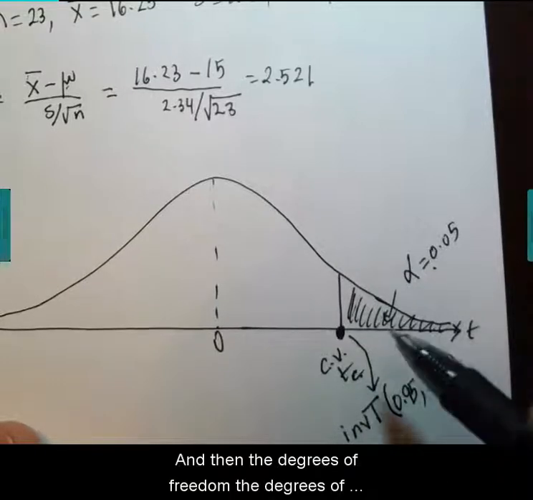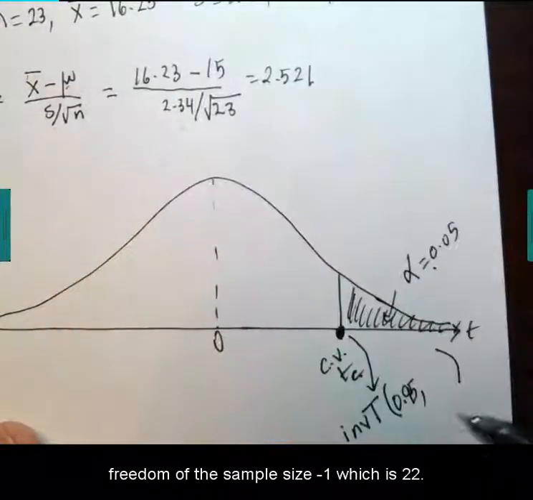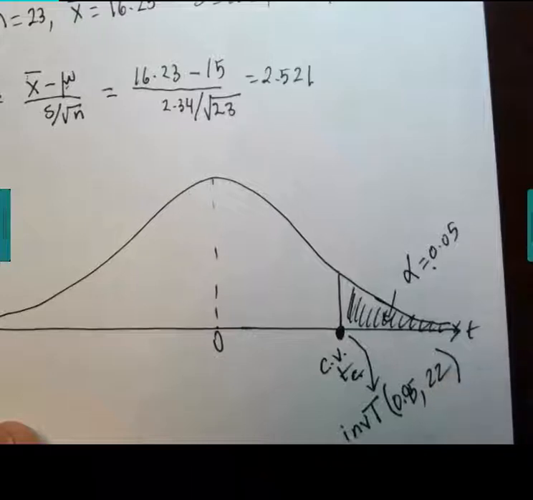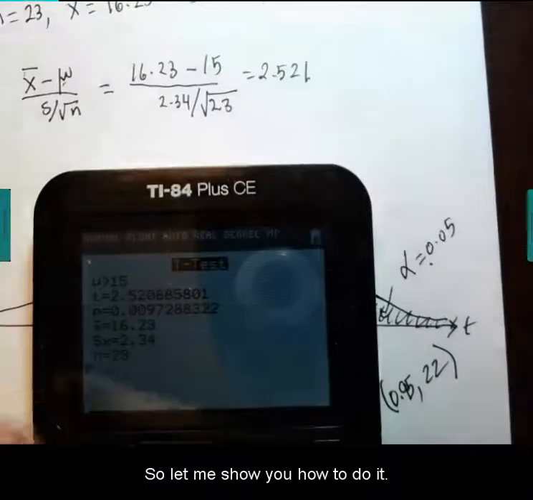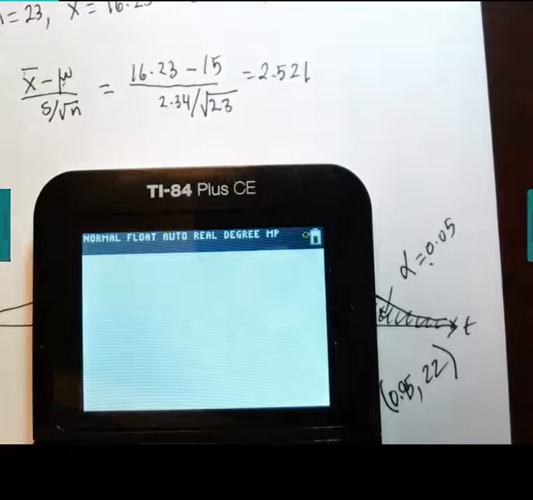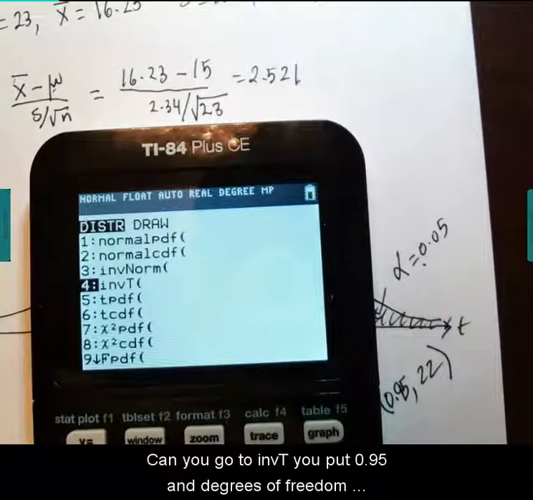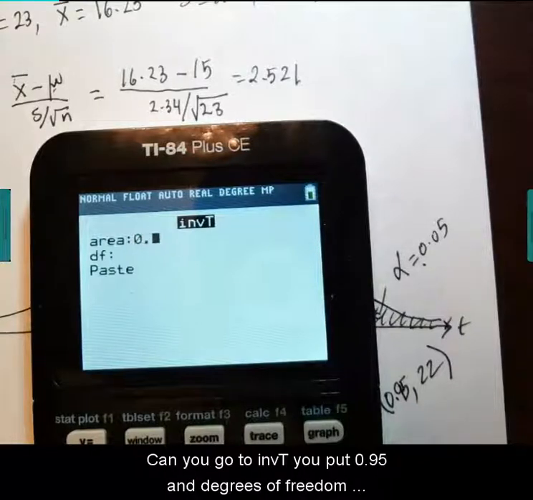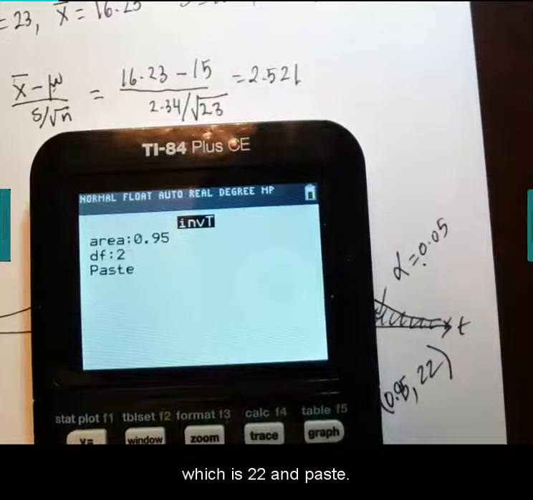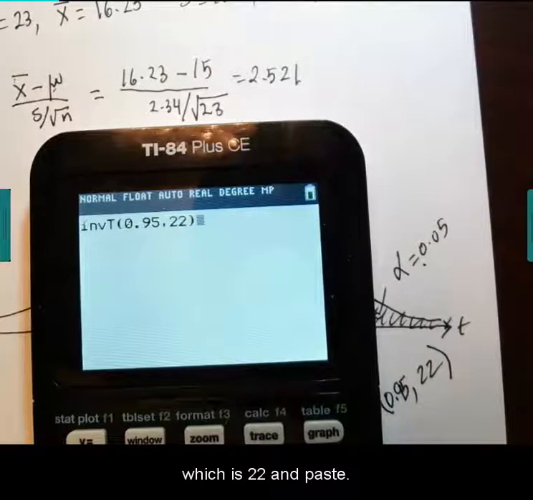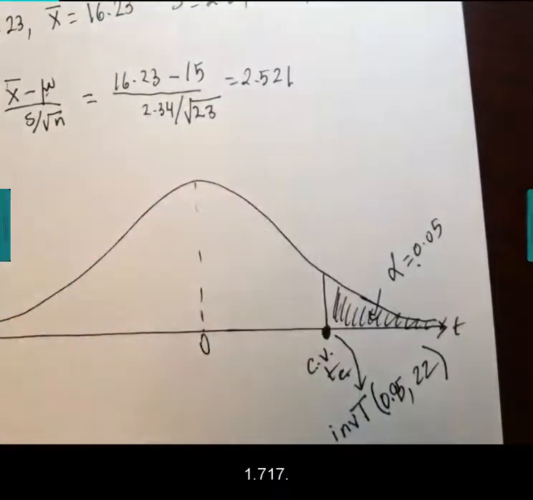And then the degrees of freedom, which is the sample size minus 1, which is 22. So let me show you how to do it. Second, distribution, and you go to inverse T. You put 0.95 and degrees of freedom, which is 22, and paste, and you get 1.717.